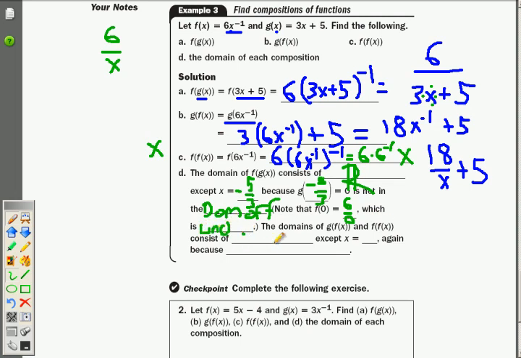All right? The domain of g of f of x and f of x consist of all the real numbers except for 0, because remember you can't have 0 on that f of x, because 0 is not in the domain of f.